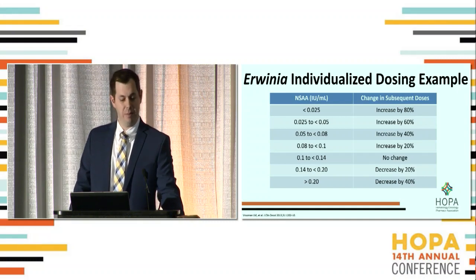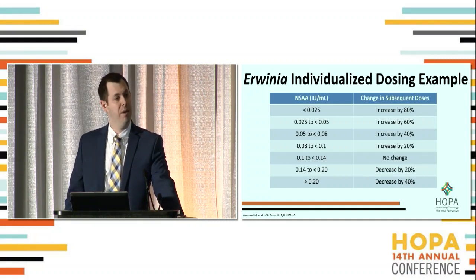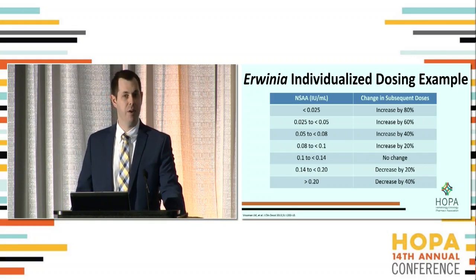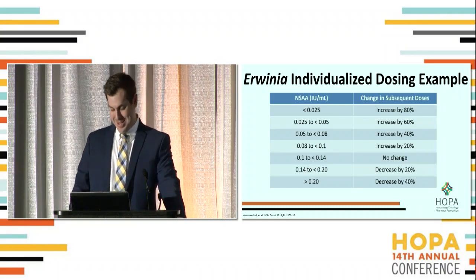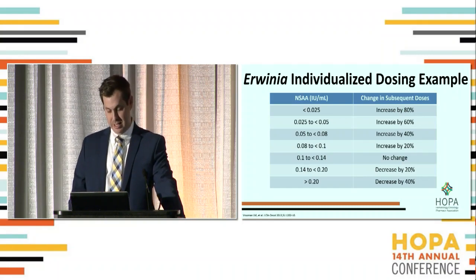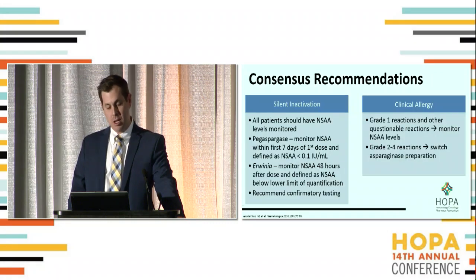The interesting thing about their protocol is if you're well above the 0.1, so if you're 0.14 or greater, they recommend decreasing the dose, which is nice because there's thought that there's no additional benefit of being that super therapeutic, and you can potentially save some vials of Erwinia, save your institution money, and actually have enough Erwinia to give since it's on shortage half the time. Lots of things that you can consider with that, but again, we're limited.